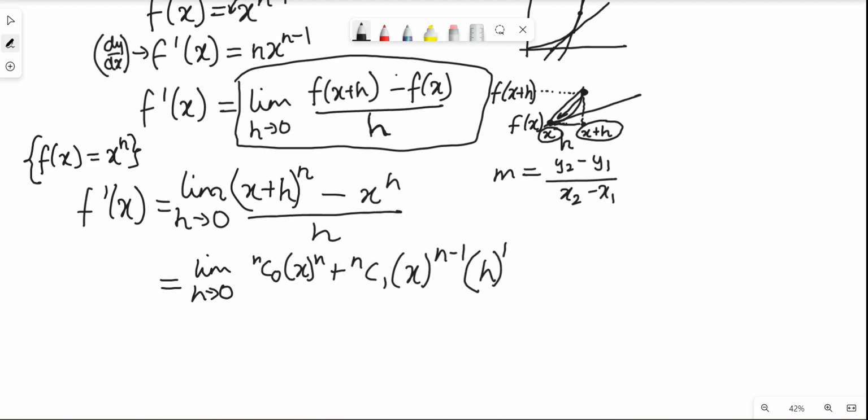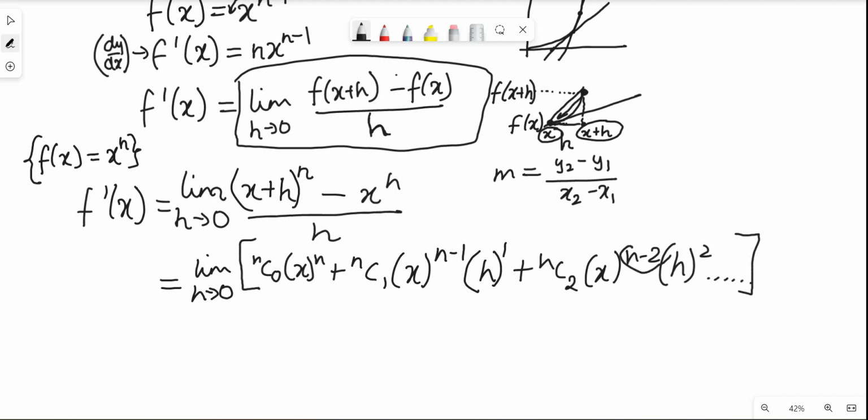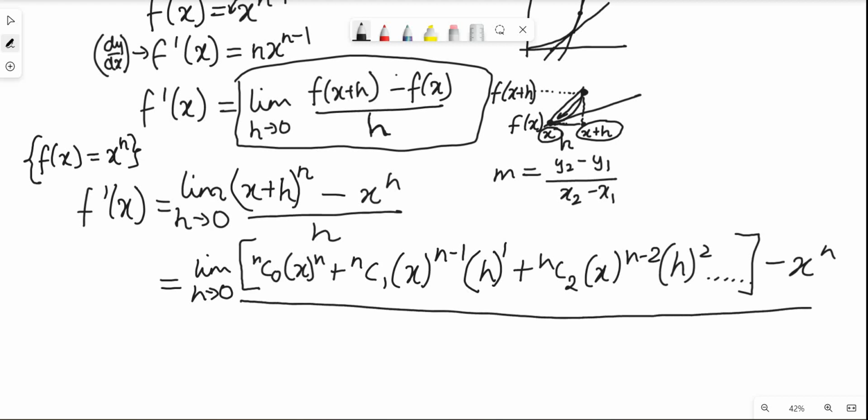And then we have nC2 times x power n minus 2 times h squared, and so on. So we have many terms depending on what the value of n is, but generally we have a continuing sequence until n goes to 0 at this place here. So we have that, and then we have minus x power n, and this is all over h.